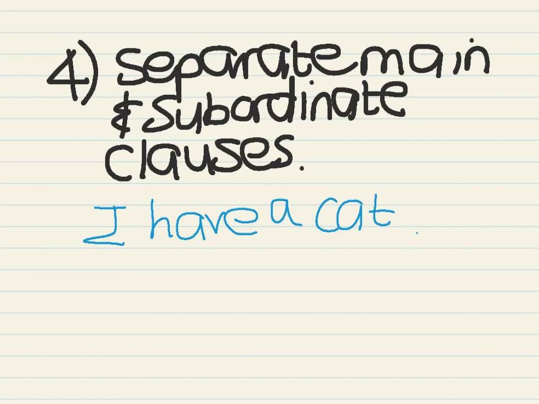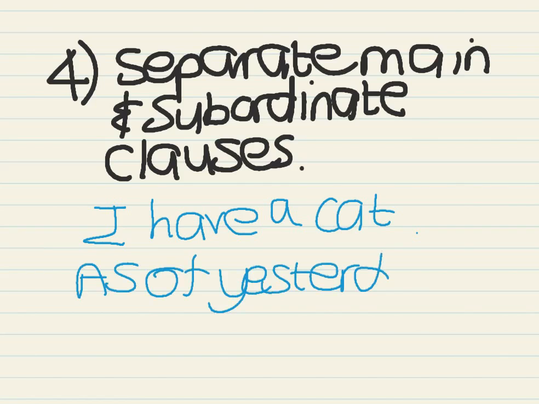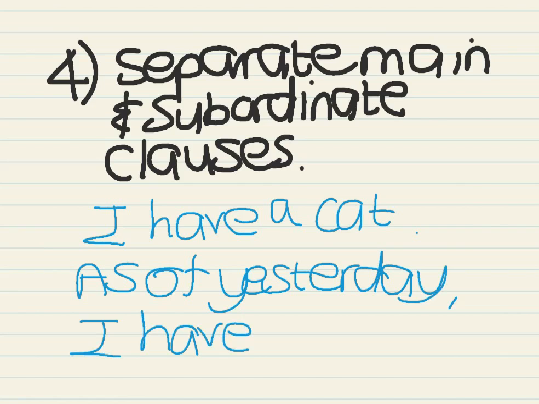If I had extra information, then I have a main clause and a subordinate clause. So for example, as of yesterday, comma, I have a cat.